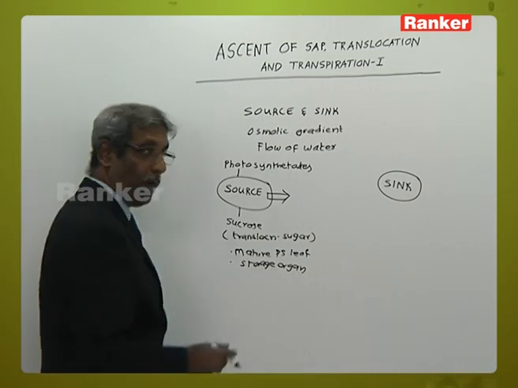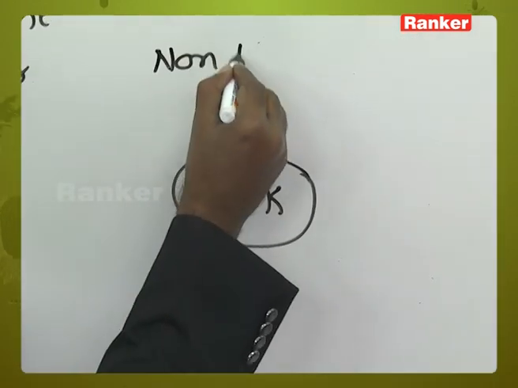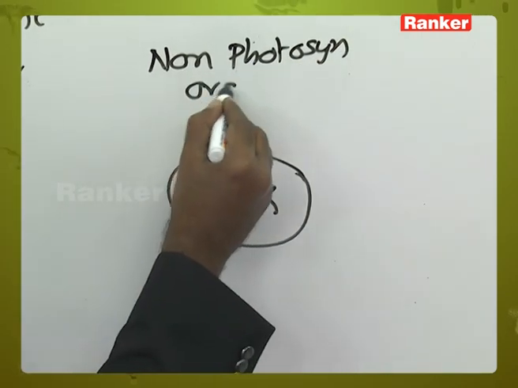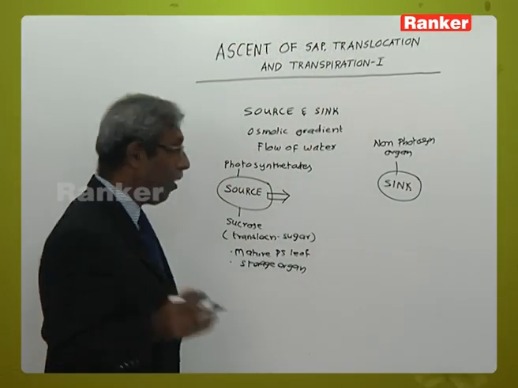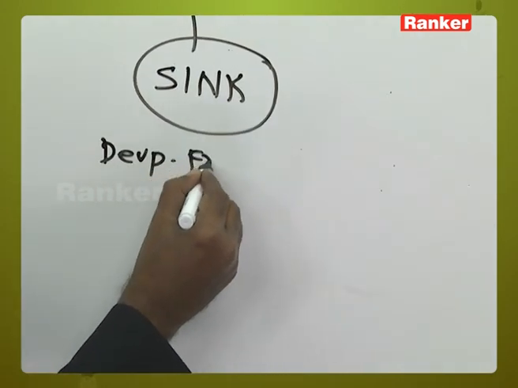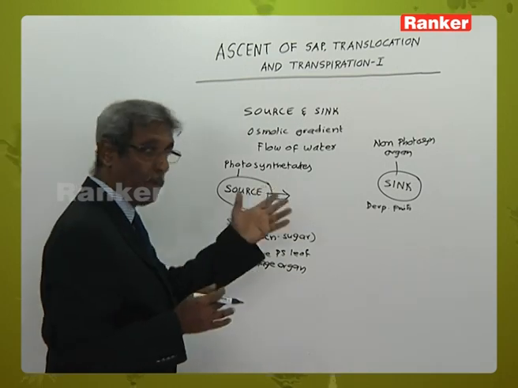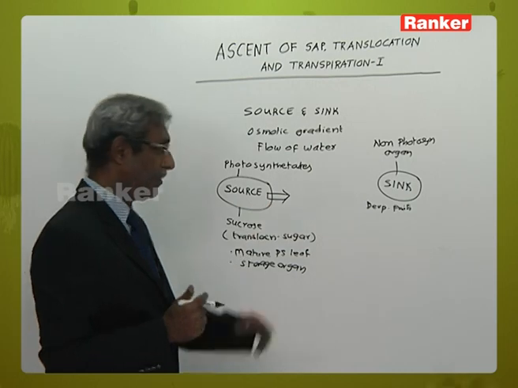a sink is always a non-photosynthetic organ. You could also call it immature leaves or developing fruits, which require the food. So there is always a deficit of photosynthates, they do not have enough of photosynthates.